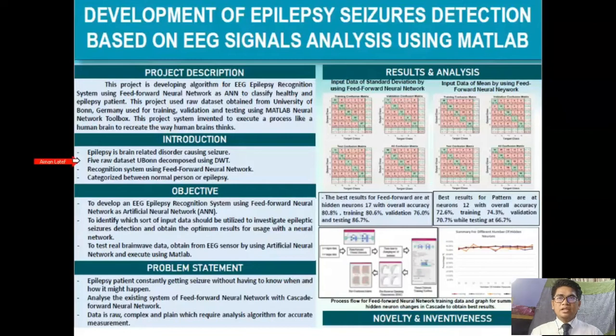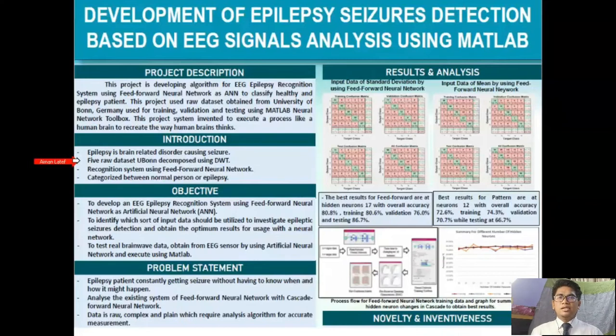Set B is denoted as subset O, which is healthy persons with eyes closed. Set C is denoted as subset N, which is epileptic patients, while set D is denoted as subset F, which is the epileptic zone before seizure, and lastly, set E is denoted as subset S, which is the region of seizure activity.